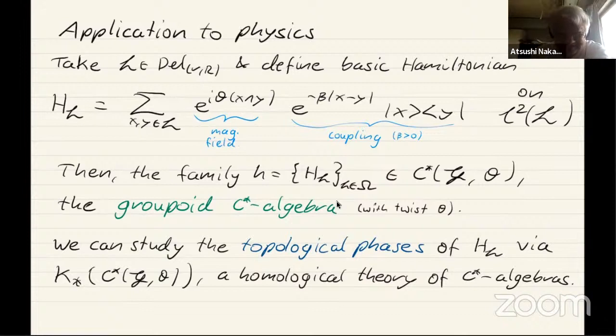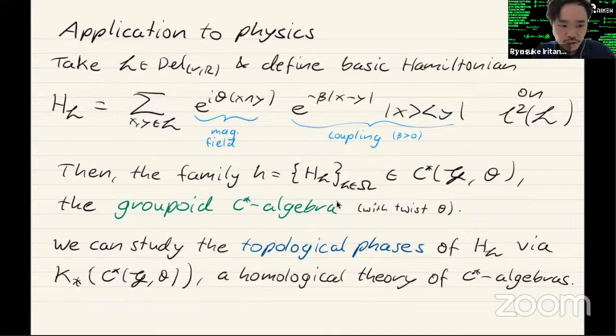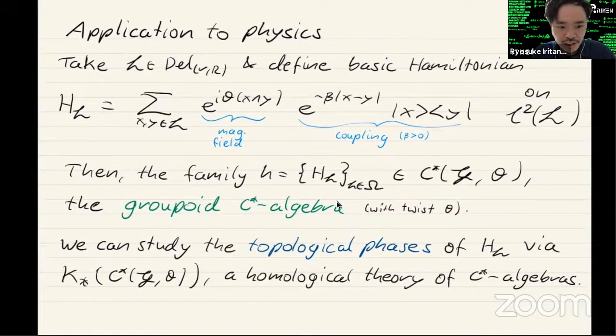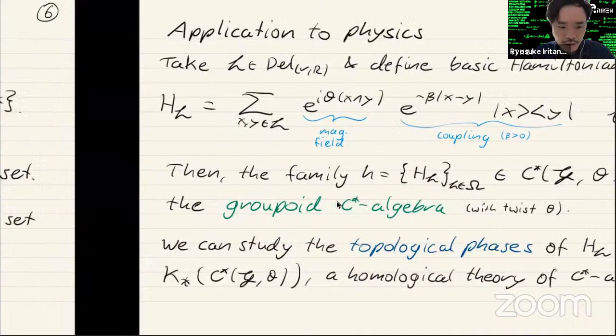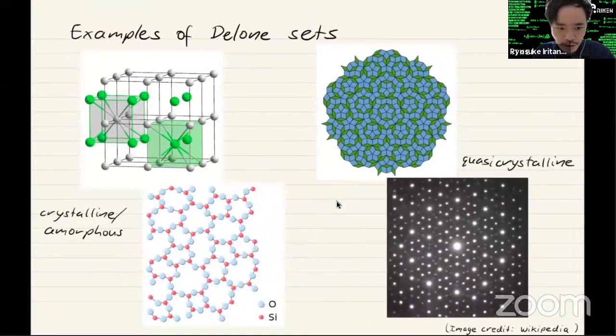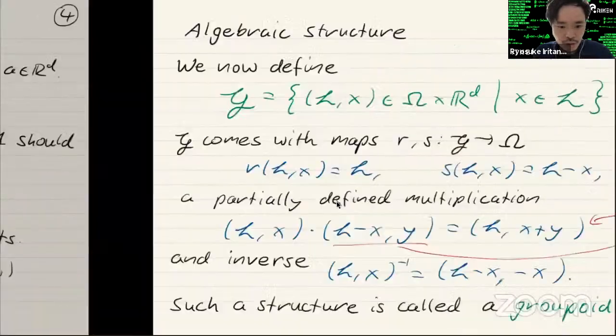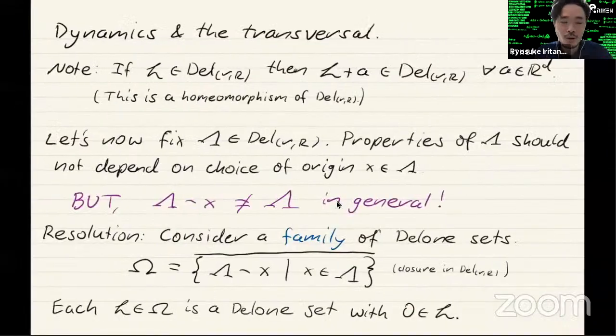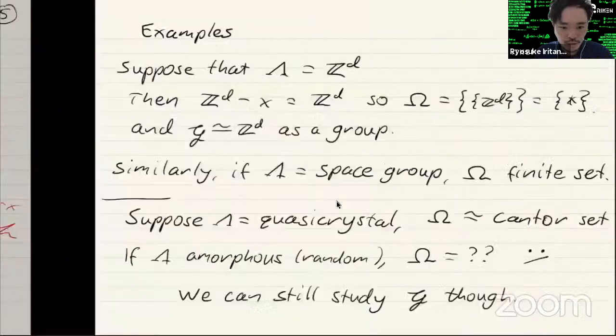Okay, thank you very much. Okay, Iritani-san, maybe last question. Yeah, thanks for the great talk. I'm curious about when you mentioned the quasi-crystal case, the Delone set is homeomorphic to a Cantor set, right?